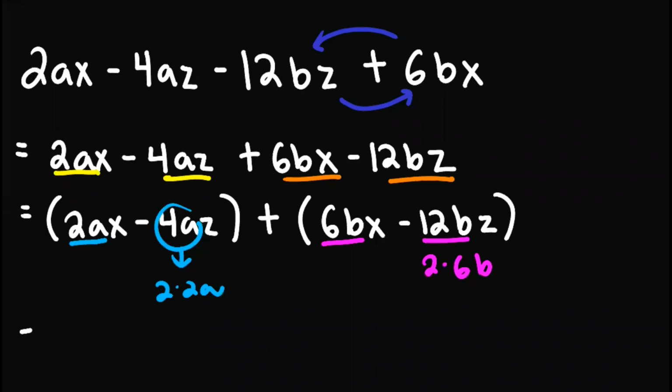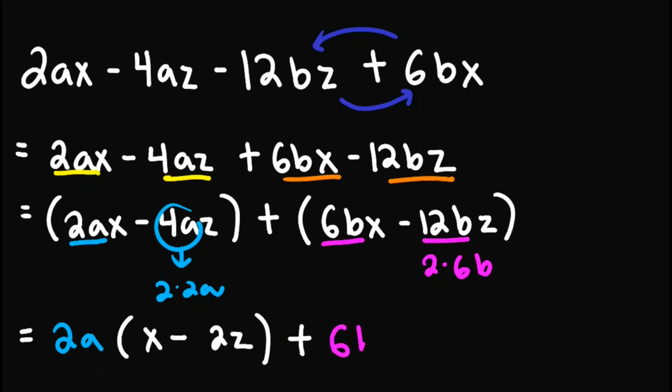So the expression will become, factor out 2a, the expression left inside is x minus 2z, since there's a 2 left here. On the other hand, we'll have factor out 6b times the expression left inside, x minus 2z, since we have a 2 left out here.